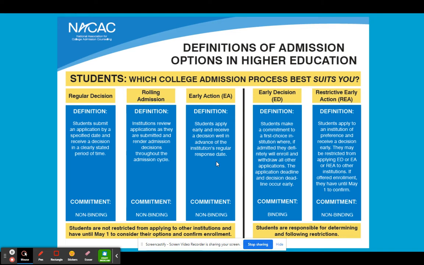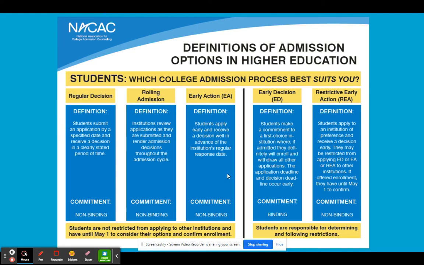For regular decision, if you apply by January 30th, they're going to let you know probably early March if you got in. However, if you do early action, which maybe has a November 1st deadline, and you get everything in by November 1st, they might say, we'll let you know by December 31st if you got in. So you'd find out months earlier if you were accepted.